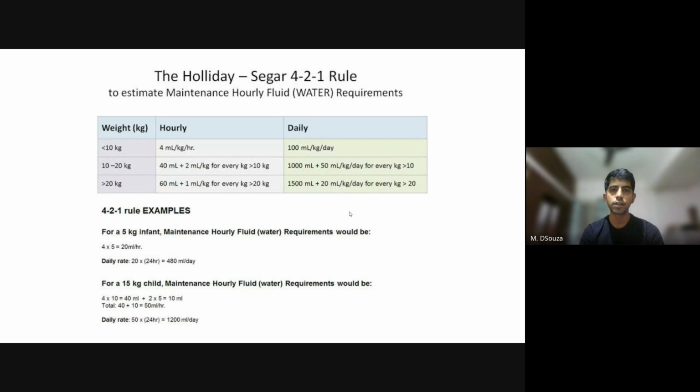Okay, so for children, the usual maintenance fluid that we choose is DNS. And for infants, that is children less than 1, what we would usually choose is half DNS. So this is a fluid that you would usually want to choose.